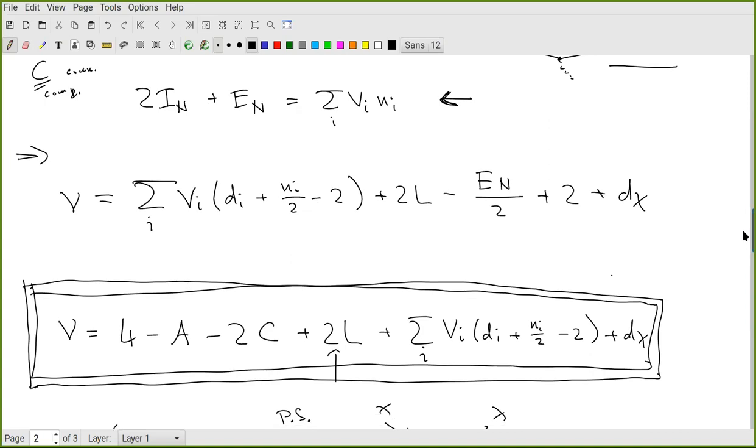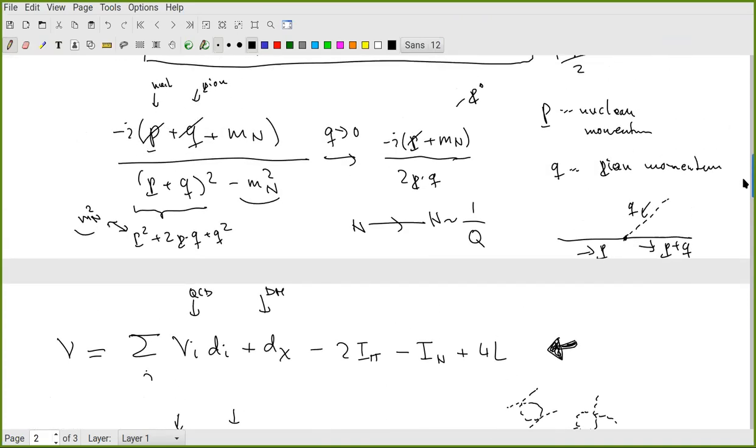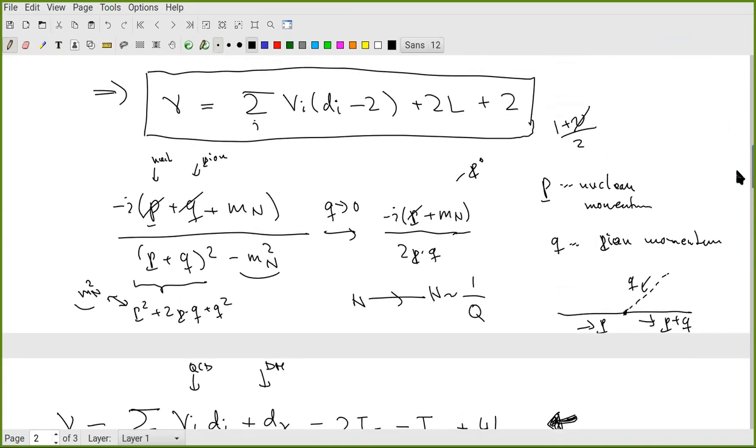Also, is there a qualitative way to understand why the nucleon line and pion line scale differently with q? Good question. First of all, the nucleon is a fermion, a spin 1/2 particle.